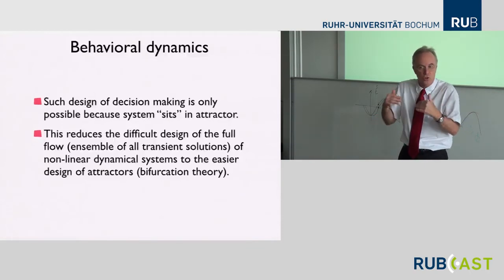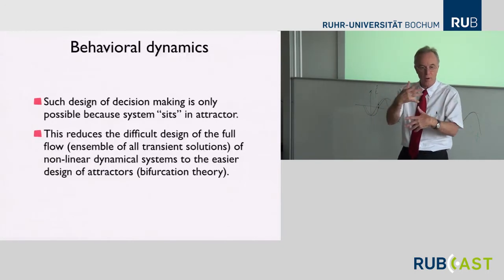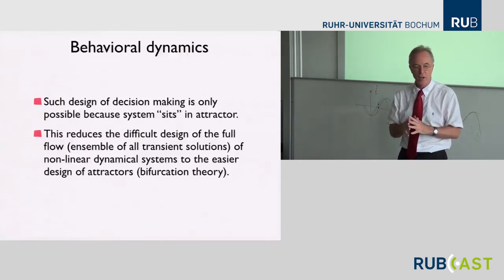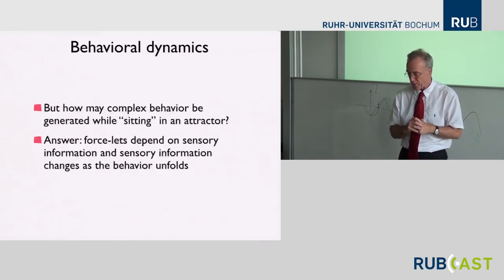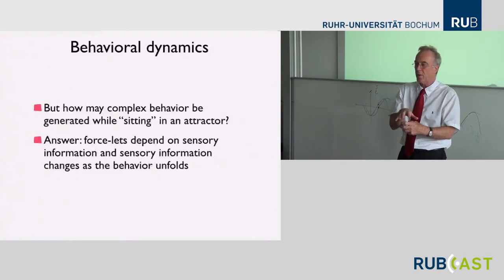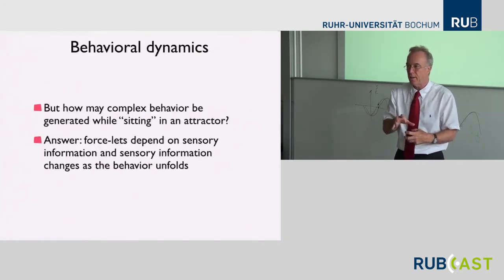Plus it also has this control theoretical property that it's stable under noise. So if you use low-level sensory information, then that's robust against that. So it's certainly very nice to have an attractor. But how is it possible to do that? And the answer is that, yes, it is sitting instantaneously in an attractor, but that's just an approximate picture. As you move around, the attractors and repellers move.